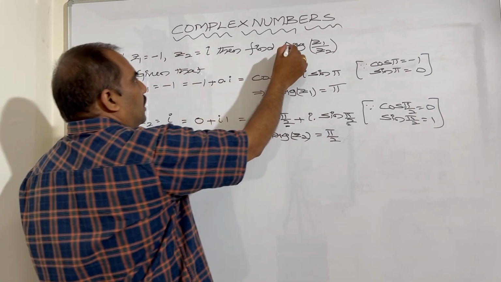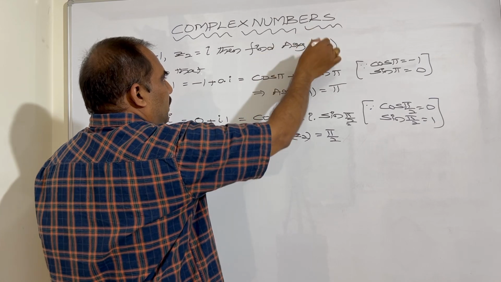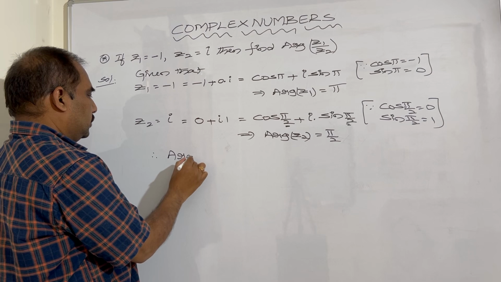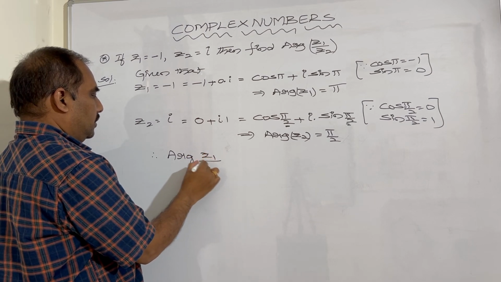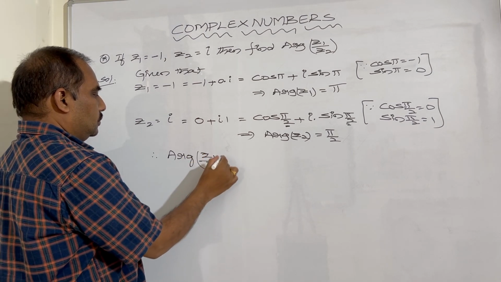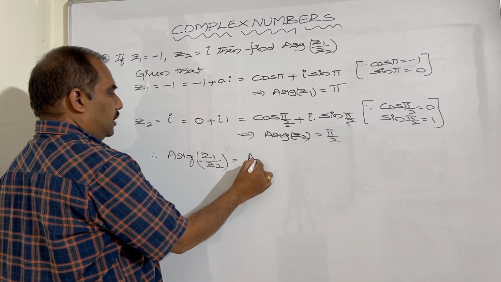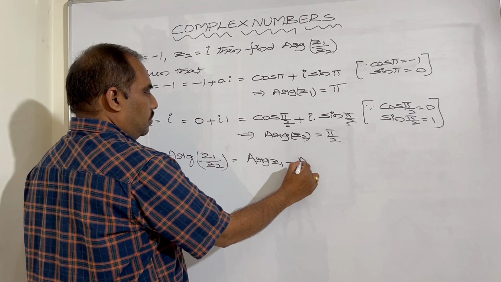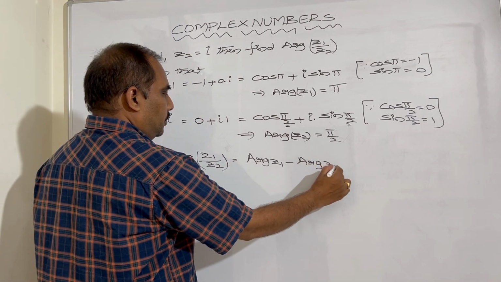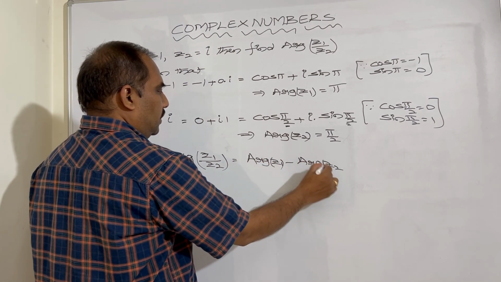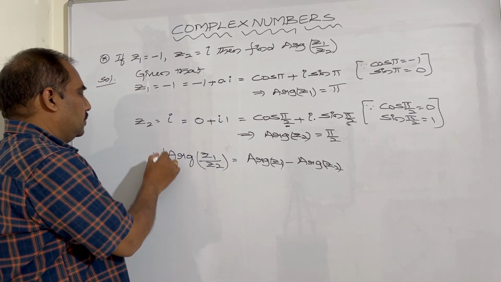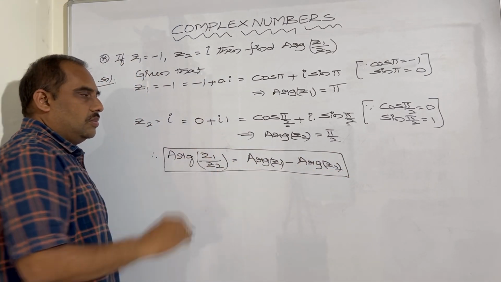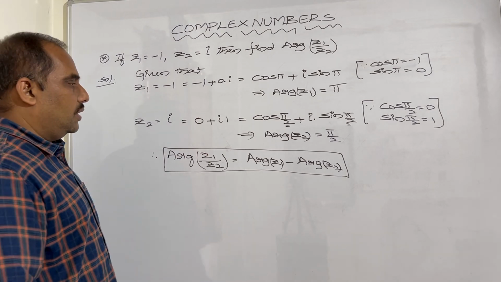Finally, observe what we have to find: argument of z1 by z2. We can write it as argument of z1 minus argument of z2. We have the property that argument of z1 by z2 is equal to argument of z1 minus argument of z2.